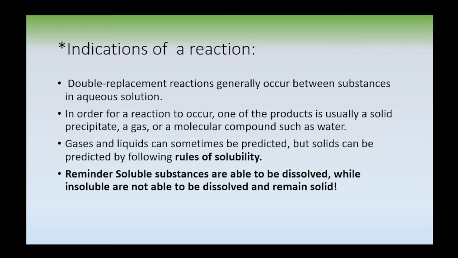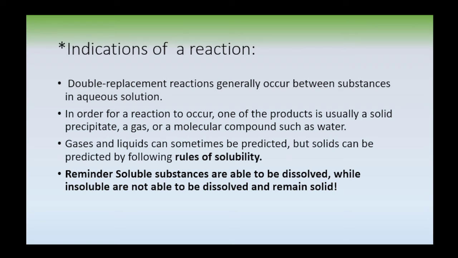Gases and liquids can sometimes be predicted, like if you know that oxygen or hydrogen is one of your products. Well, actually, no. If you knew one of the products that you had was just a pure liquid like H2O, you could predict it was a liquid as opposed to aqueous.